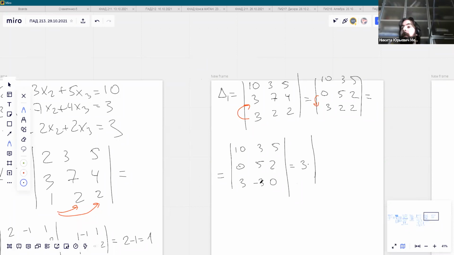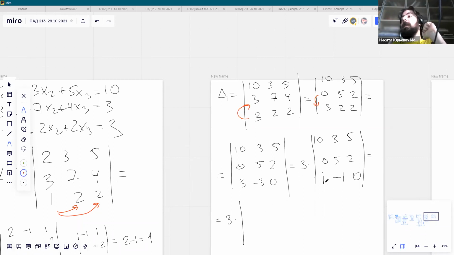So I did this because I see that 2 minus 5 is divisible by 3. Now I can put 3 outside of this row. I'm trying to solve different parts by different tricks so that you again have a chance to refresh what kind of operations we can do, etc. So now, when I see 1 and minus 1, I can use columns, not rows. I can do operations with rows and columns, so I have some freedom to choose.